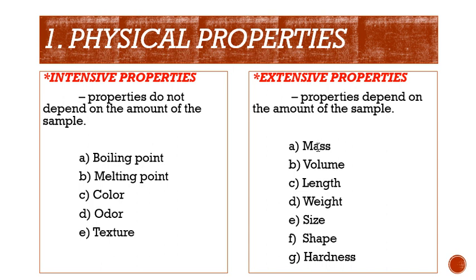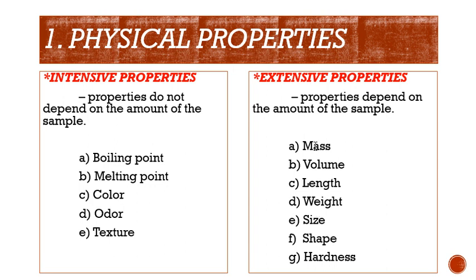So in terms of mass, take note in chapter 3, we've discussed what is mass. It is the amount of matter present in an object. Volume, the space occupied by the matter. Length, distance, kani in relation to the presence of gravity. We have the size, shape, hardness again.